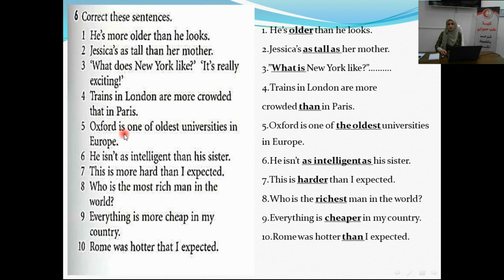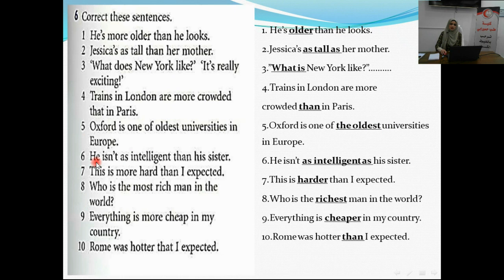Number five: Oxford is one of oldest university in Europe. You notice there's something missing in this sentence, which is: Oxford is one of the oldest. We put the definite article there before the adjective when we want to make the superlative degree.